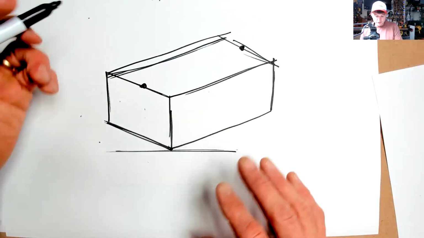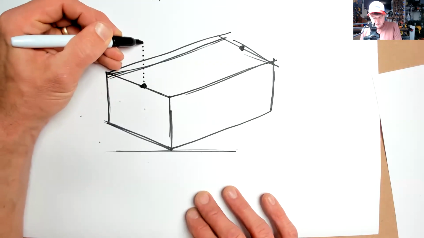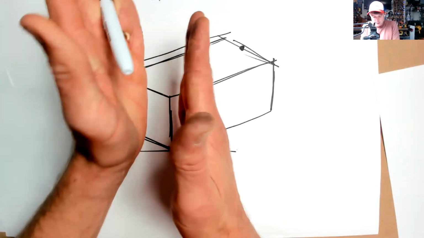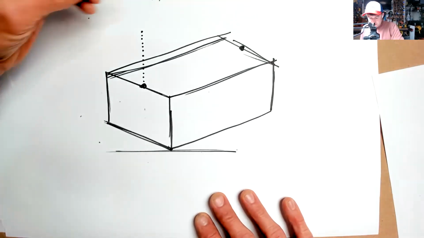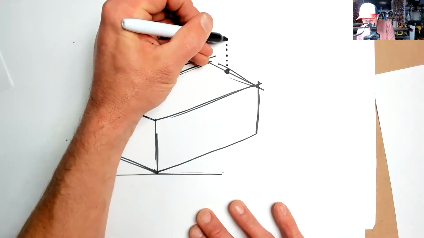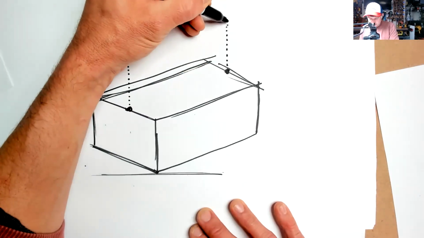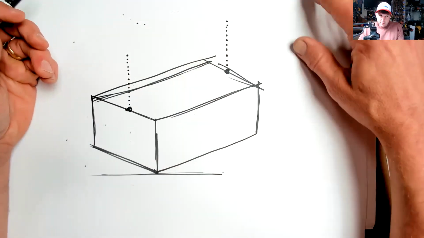Then I draw what's called a little construction line for myself, a light dotted line that goes straight up and down, parallel, as high as I want the tip of the arch to be. And I'll do the same thing out here. These have to end up being the same height, that one and that one.